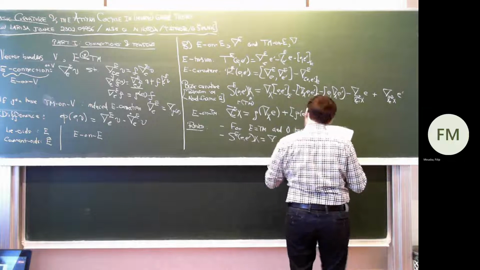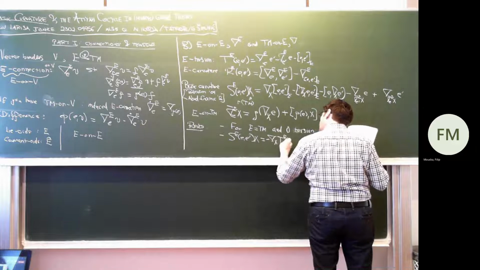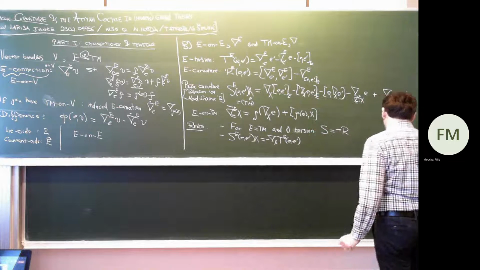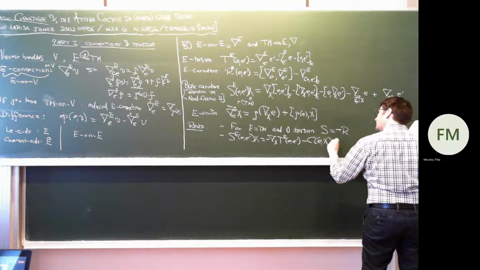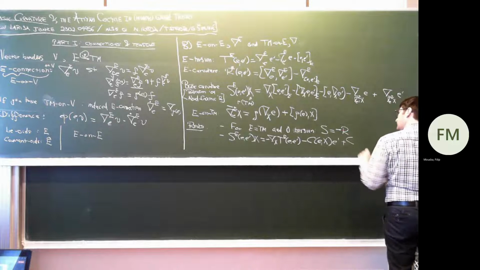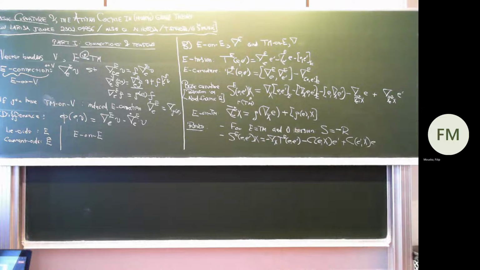So you can see that this is equal to minus nabla X of the E torsion, minus some tensor, which I will call C here, plus the symmetrization, because this is symmetric, where this C is what would be almost the curvature if I had chosen, it would be the curvature if I had chosen the induced connection.